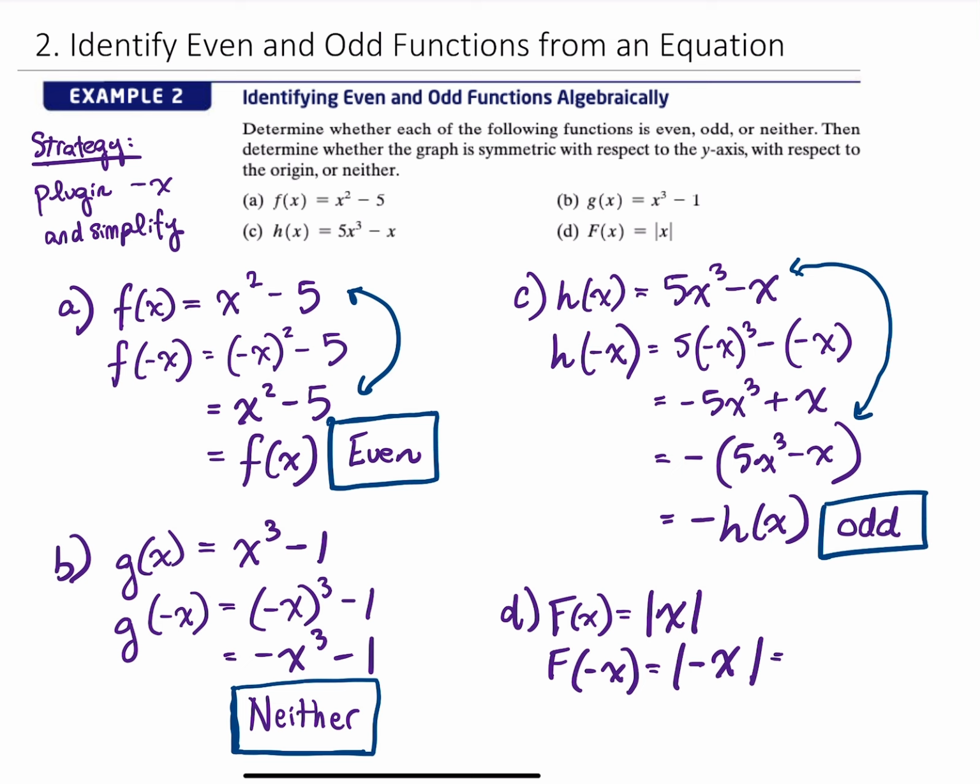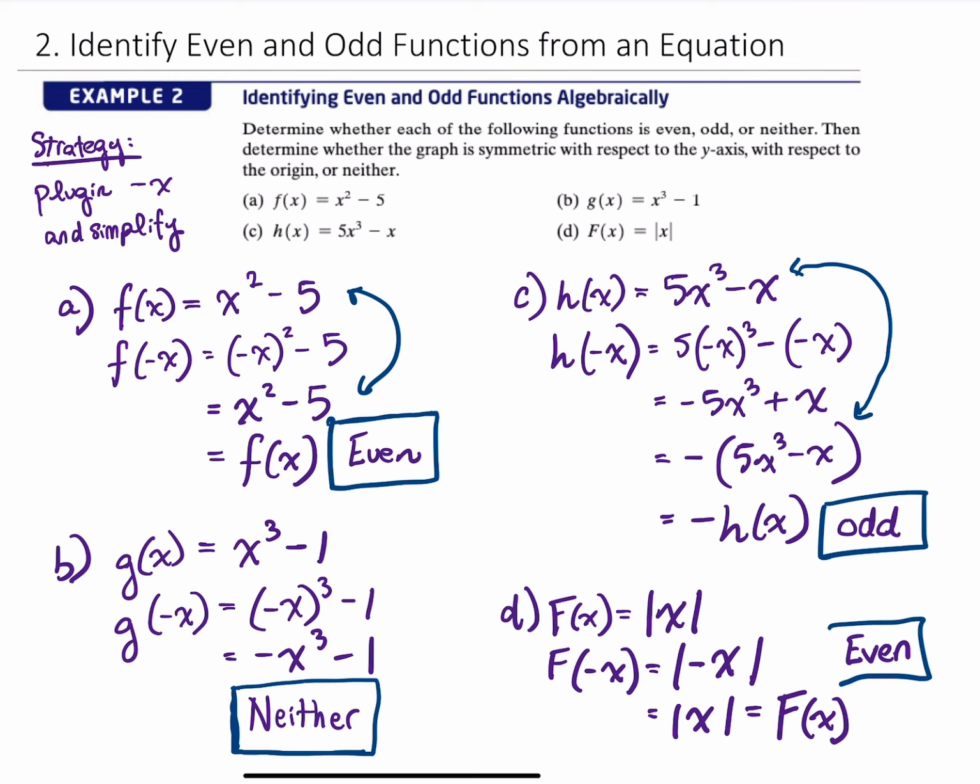We can imagine this as absolute value of negative 1 times the absolute value of x. So this will be equal to just the absolute value of x, which is equal to our original function. So this is even.